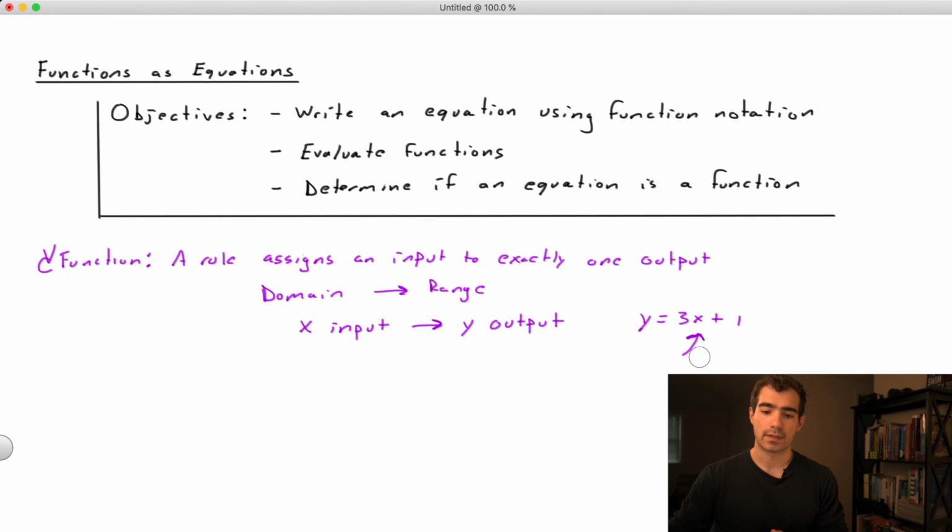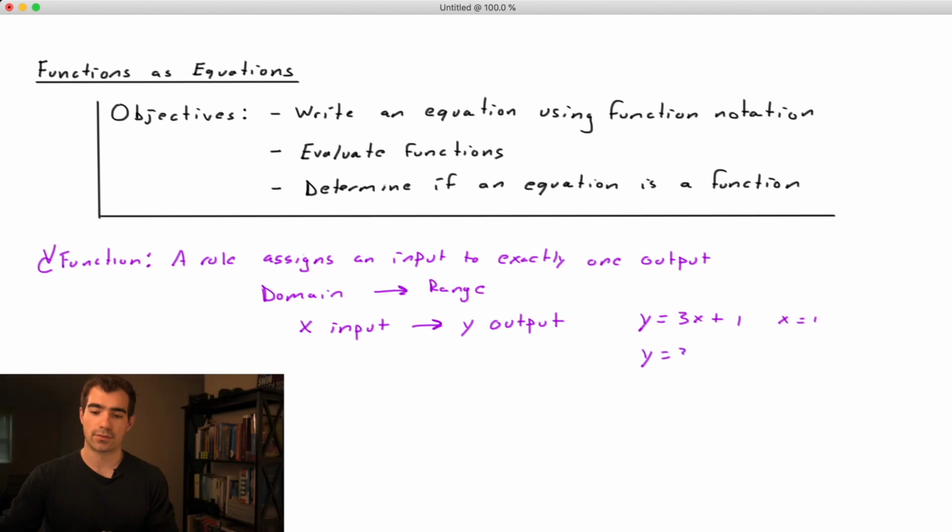So if x was 1, y would equal 3 times 1 plus 1. We plug in that input of x, and we evaluate this expression. 3 times 1 is 3, plus 1 is equal to 4. And then we get a y value output as y is equal to 4.